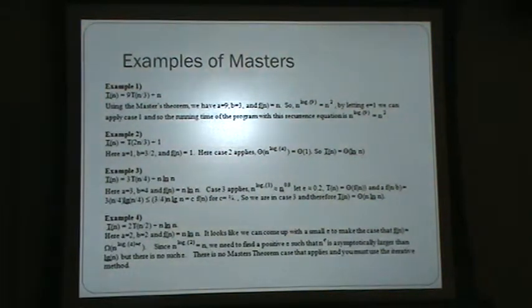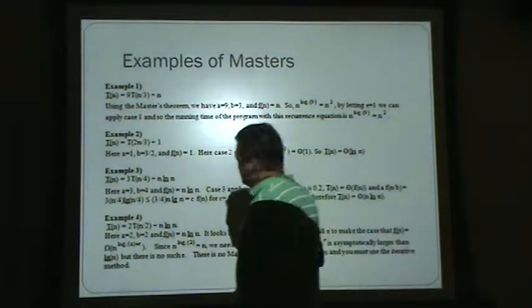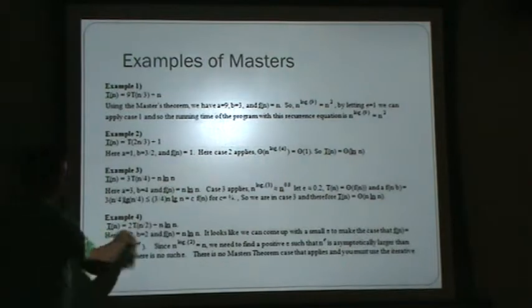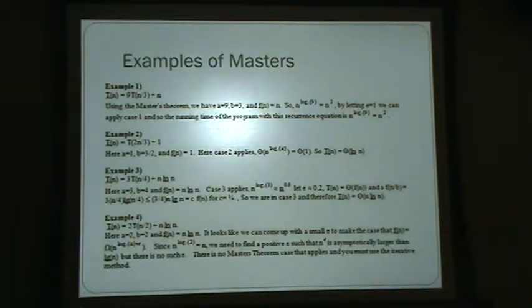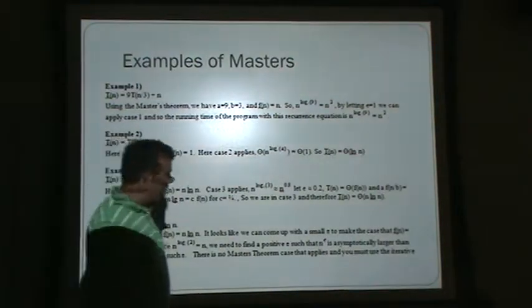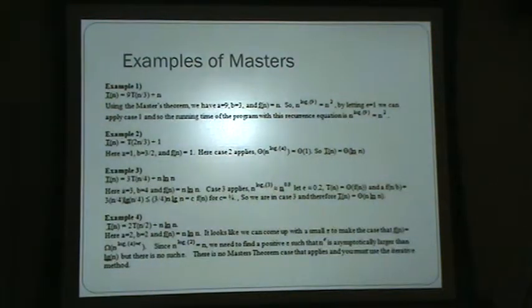So this is basically saying if you find yourself in case 3, this term ends up being the dominating term, and that's the running time of the algorithm. So because we proved that we were in case 3, the running time of the algorithm was n log n. So yeah, the cheat sheet tells us that.